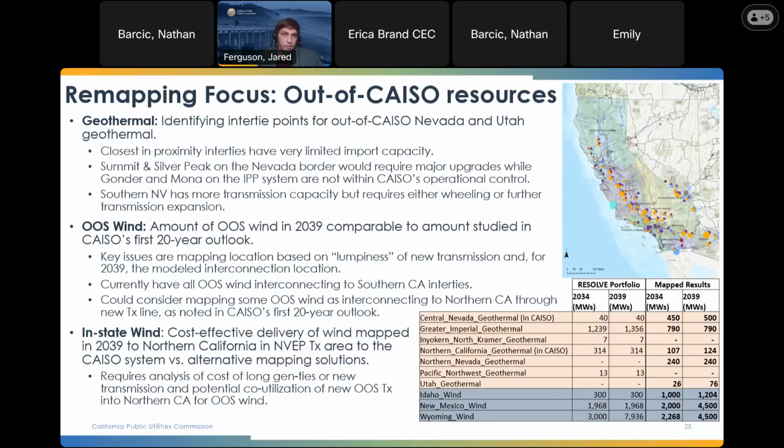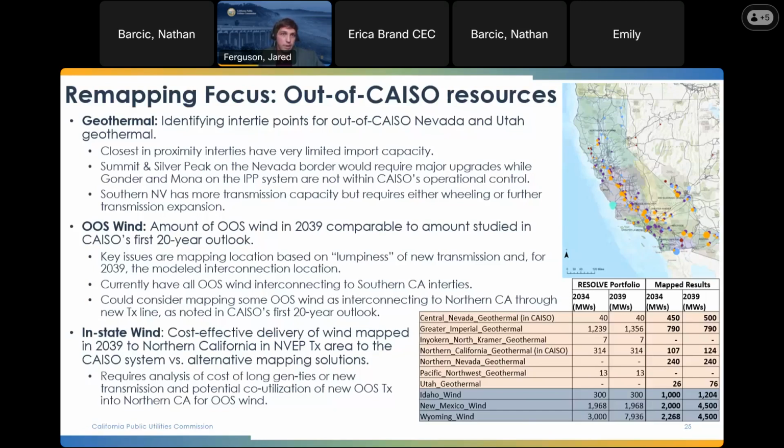And what we're seeing for northern Nevada and Utah resources is that the closest interties have very limited import capacity. The two import interties on the California and Nevada area up north are Summit and Silver Peak, and those have very low import capacities and would likely require major upgrades.